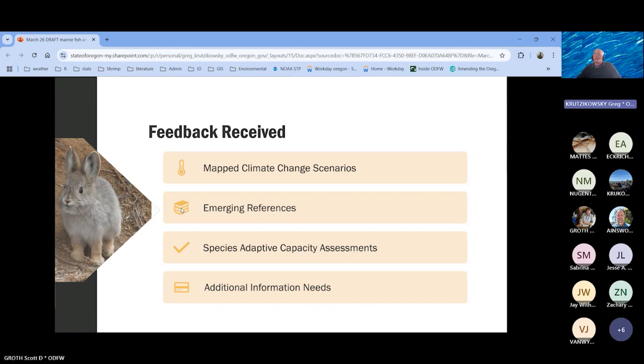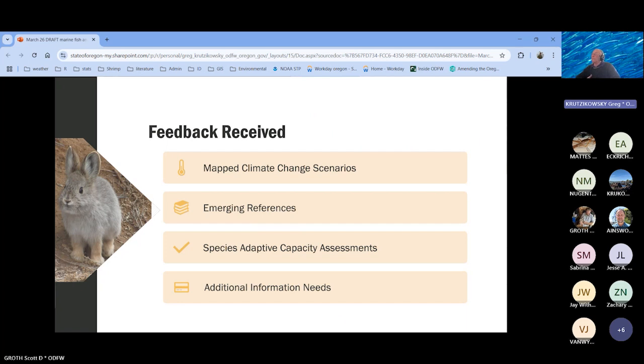So now we're going to move to the discussion, but before we do that, I'll just tell you a little bit about the types of feedback that we have received for a number of different species.